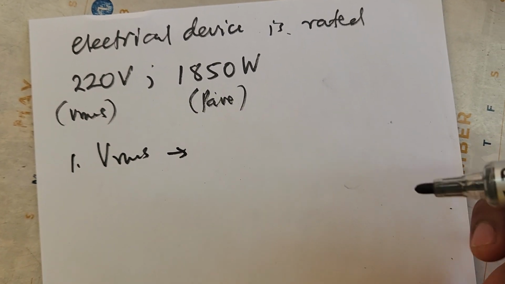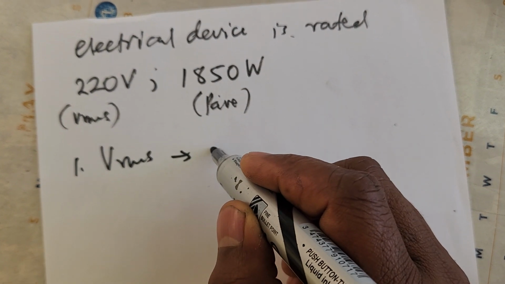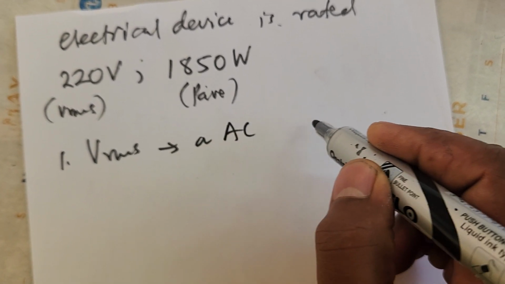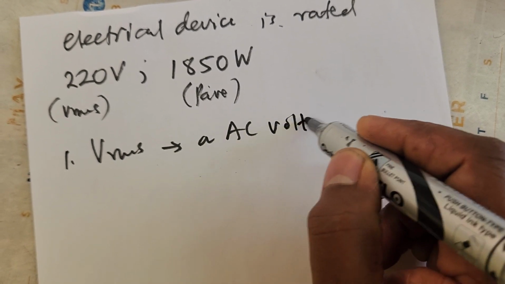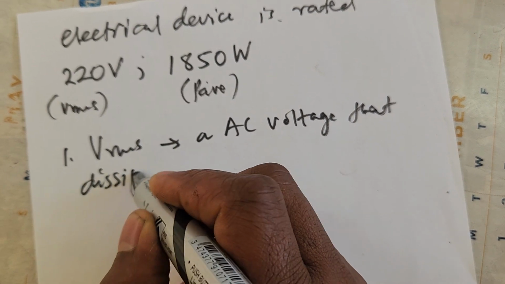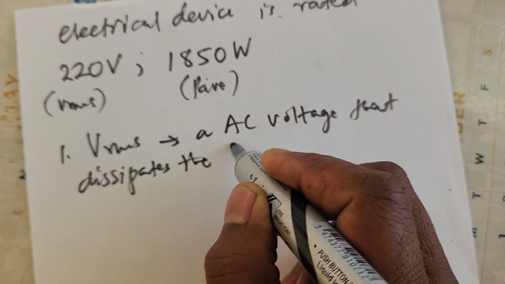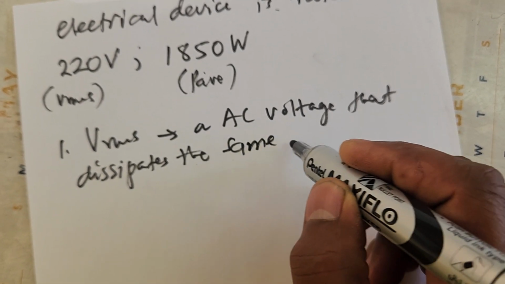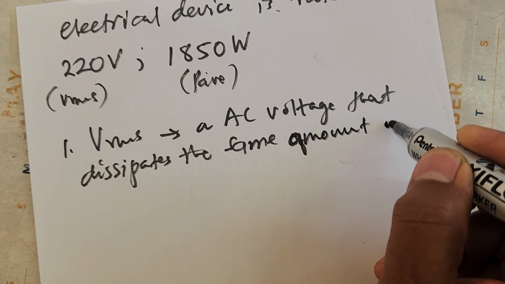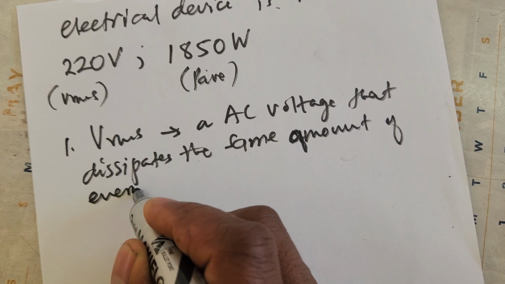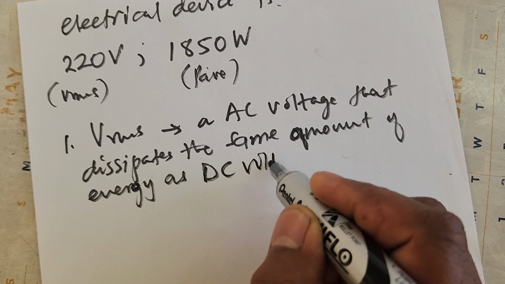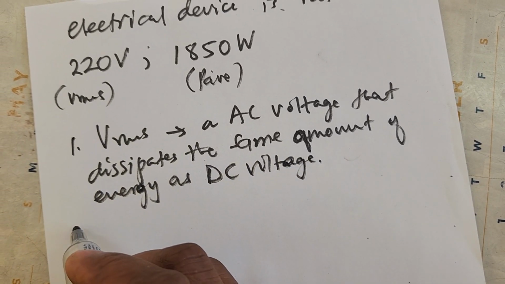We just said it: VRMS is an AC voltage that dissipates the same amount of energy as DC voltage. You get 2 marks for saying that.